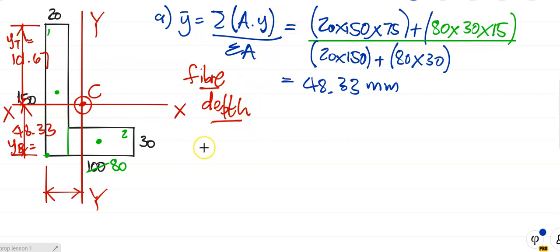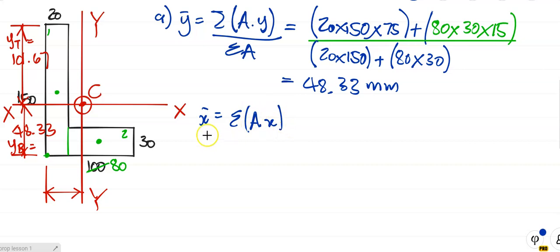So bar x is equal to, and the formula there is, of course, bar x equals the sum of all the areas of the elements times x, the horizontal distance, over the total area.